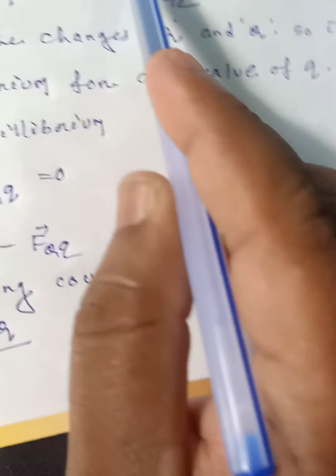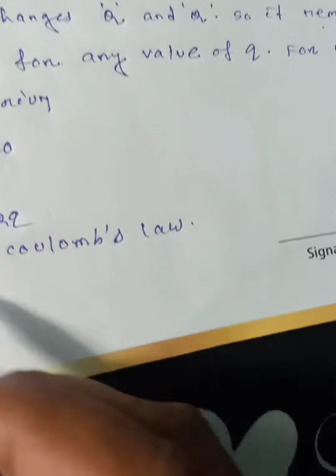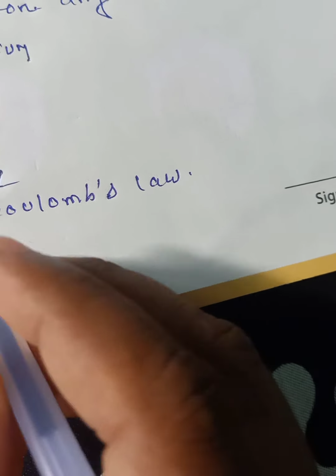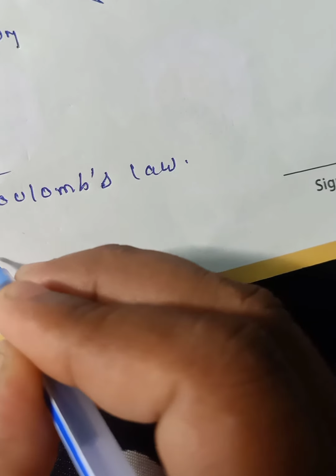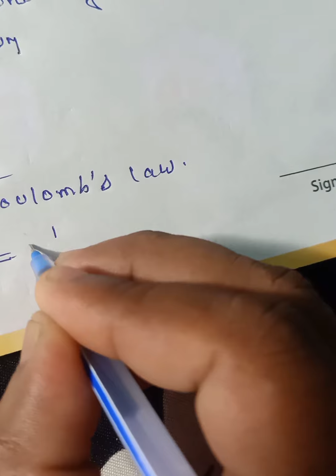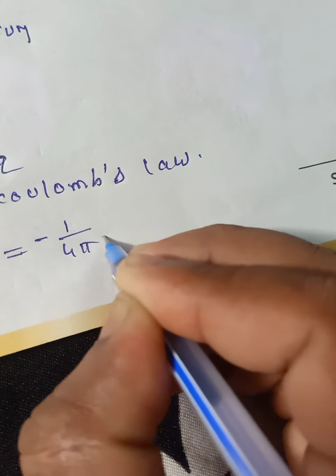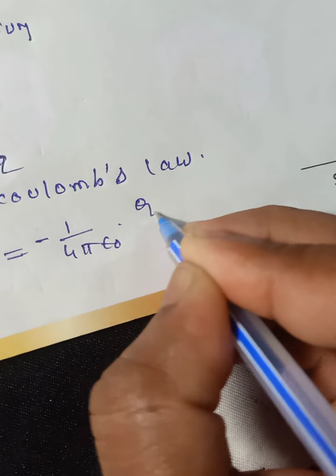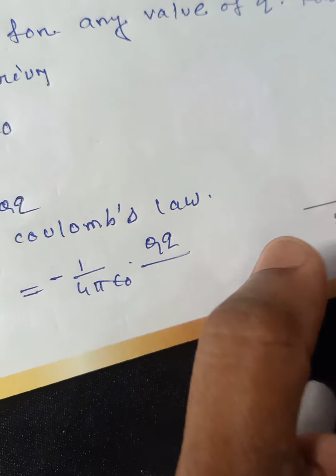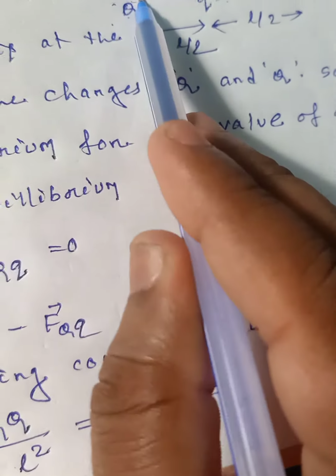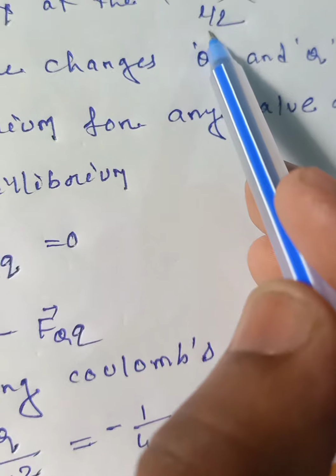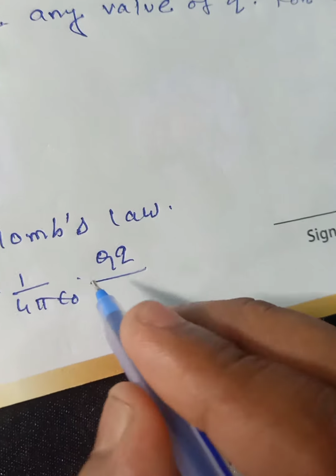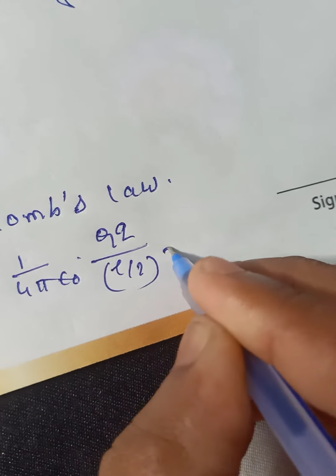Here r is the distance between the Q charges, which is L, so L square, equal to minus 1 by 4 pi epsilon naught, capital Q small q divided by the distance from capital Q to small q, which is L by 2, so L by 2 whole square.